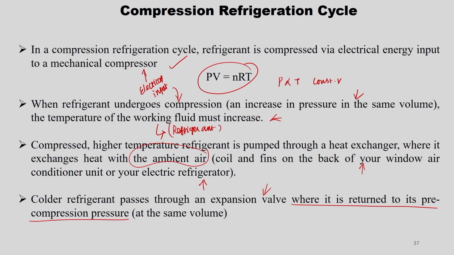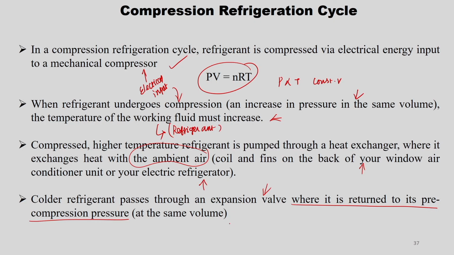One is compression, then compressed high temperature air goes to heat exchanger, that is nothing but the evaporator. So, where it exchanges its heat, then while coming out it comes out as a low temperature high pressure refrigerant. So, again the pressure is reduced in the expansion valve, right.